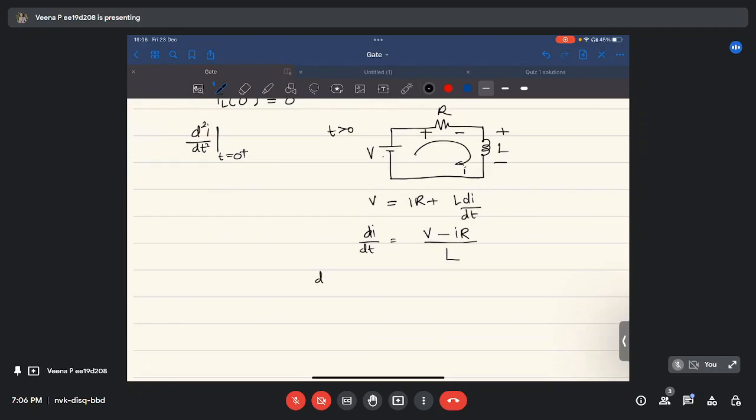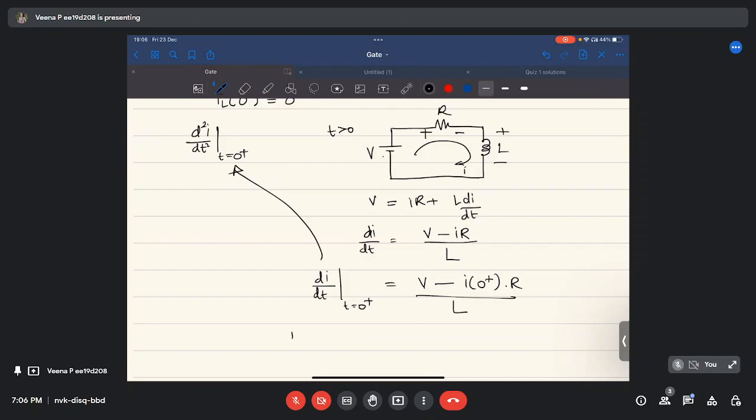So the value of di by dt at t equal to 0 plus we have to find. Then only we can find d square I by dt square at t equal to 0 plus. So di by dt at t equal to 0 plus is V minus I at 0 plus into R divided by L. Now we know that the inductor does not allow sudden change of current.